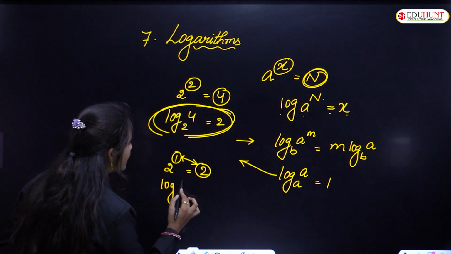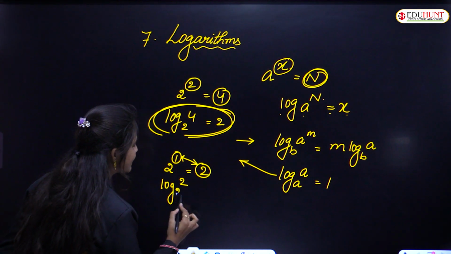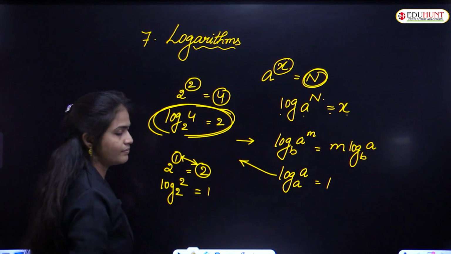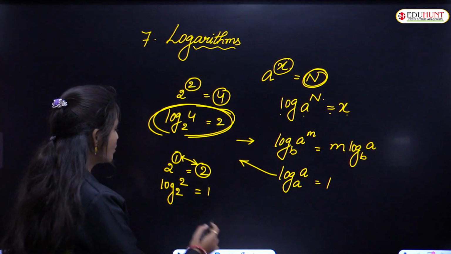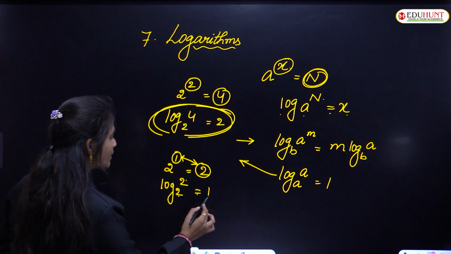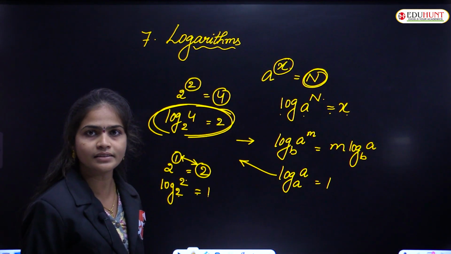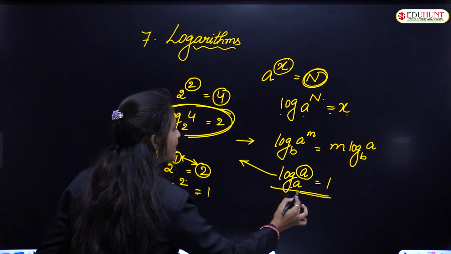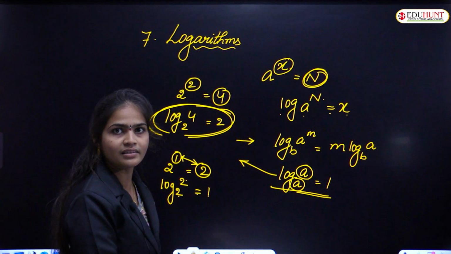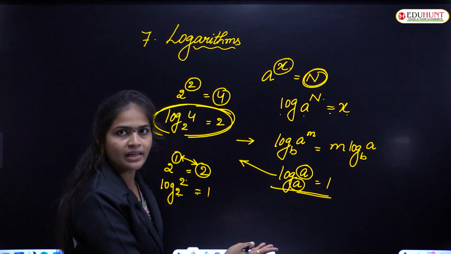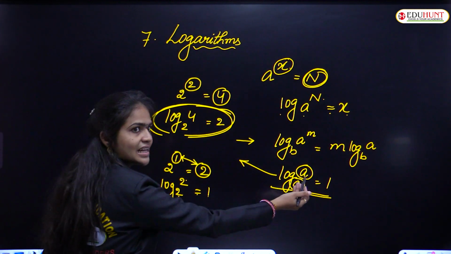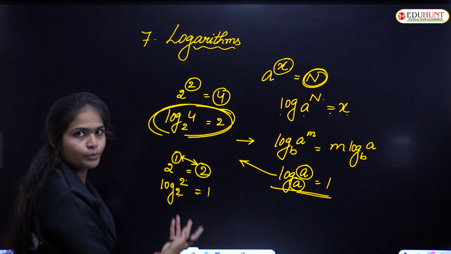So 1 becomes 2 here, and we write the base, which is equal to 1. So log 2 base 2 is equal to 1. Here a is nothing but some positive real number; I have taken 2, so a and a are both the same, and 2 and 2 are both the same.